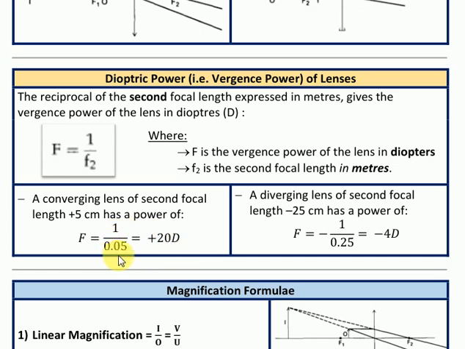The reciprocal of the second focal length expressed in meters gives the vergence power of the lens in diopter, and this is the formula. Here F is the vergence power of the lens in diopters and F2 is the second focal length in meter.